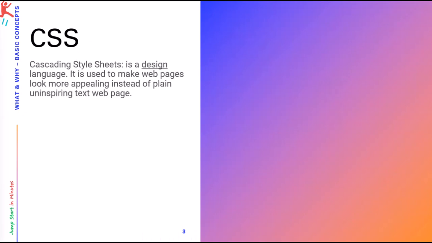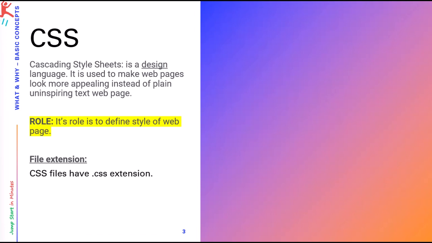Now let's look at the CSS. CSS stands for Cascading Style Sheets. It is a design language. It is used to make web pages look more appealing instead of a plain, uninspiring text web page. Its role is to define the style of a web page.